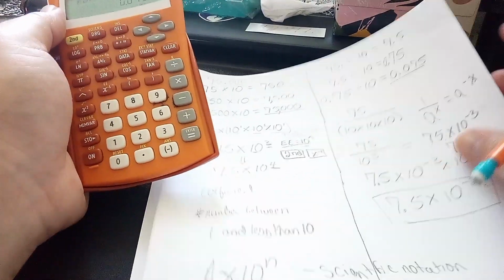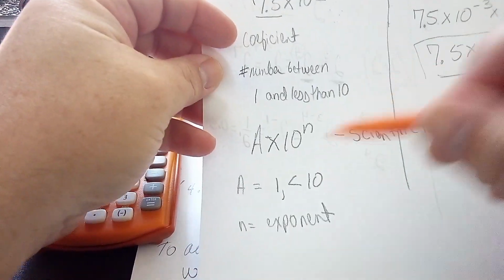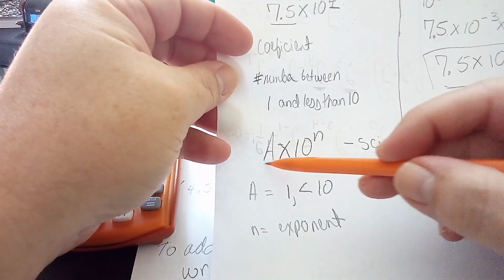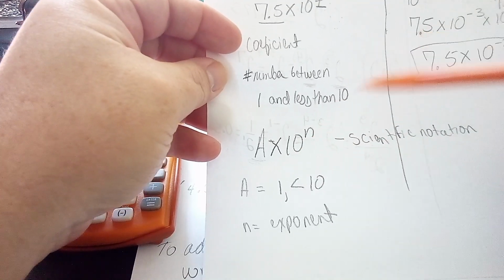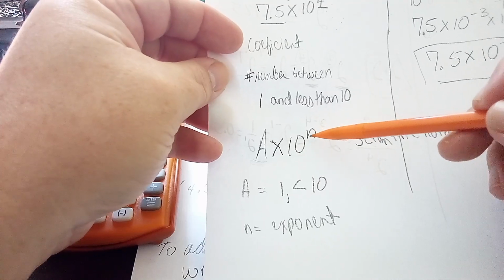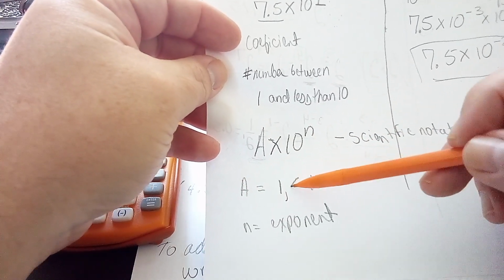The rule for scientific notation is that I can write any number as a coefficient, A, multiplied by 10 to the power of n. And n will be the exponent.